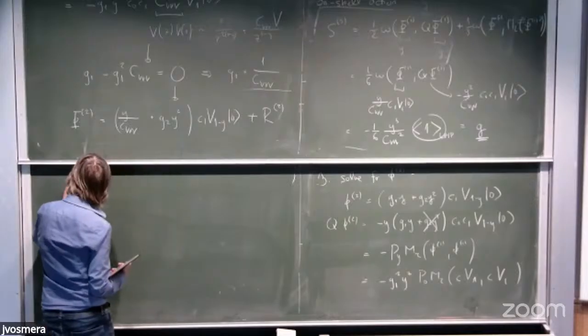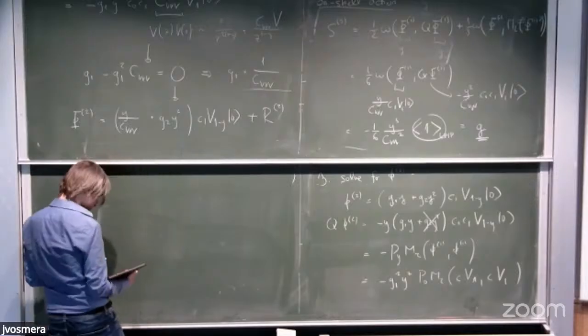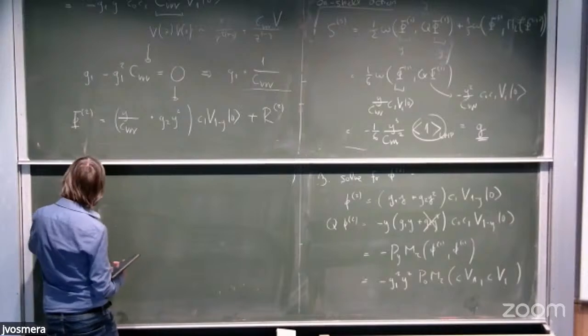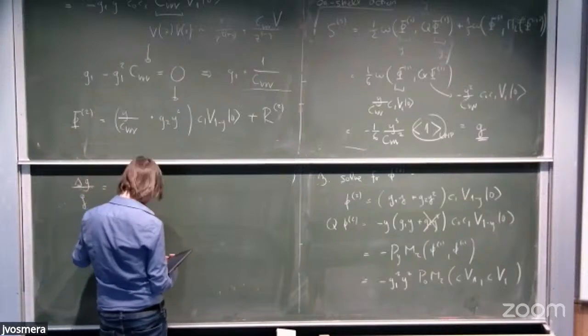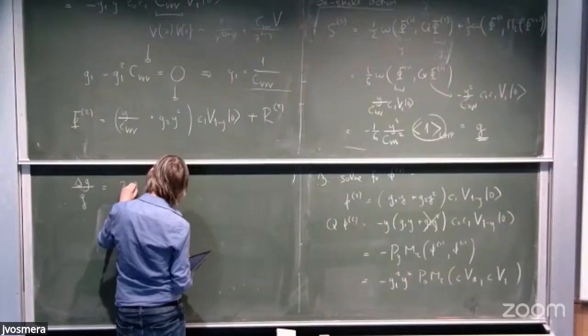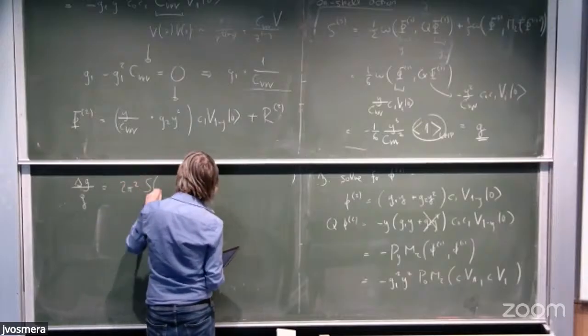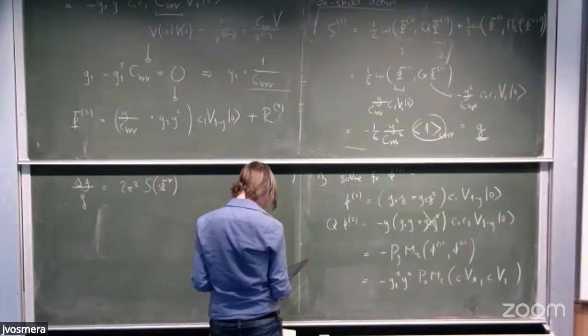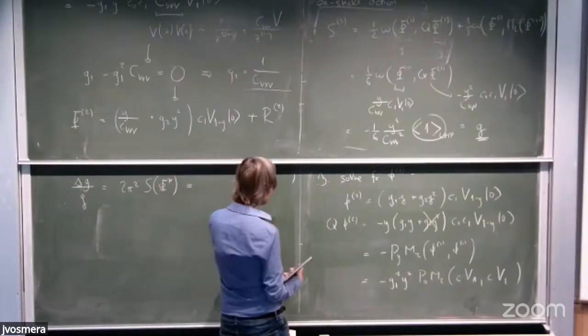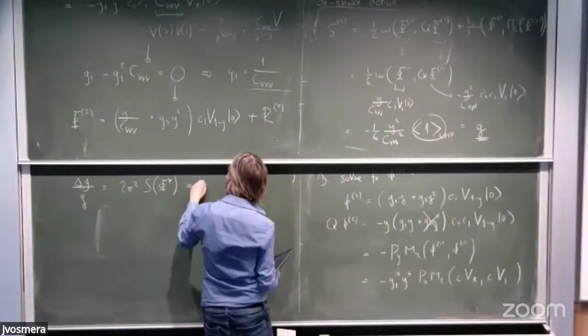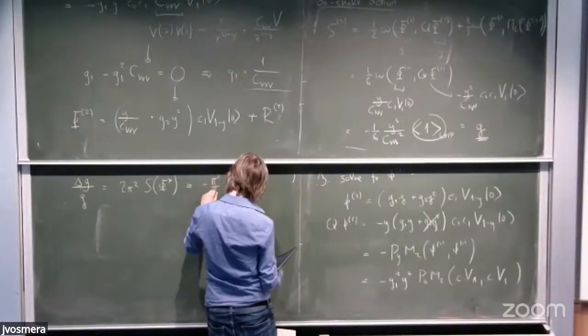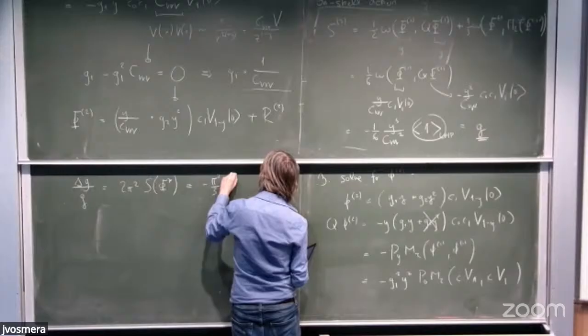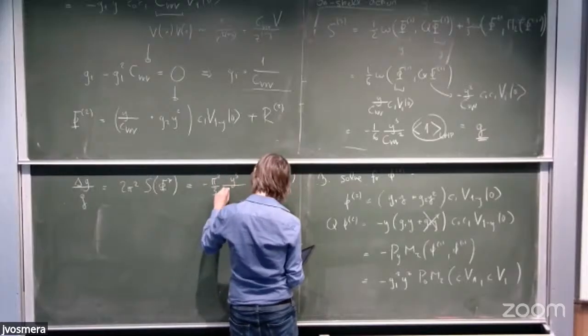So then the precise form of the Sen conjecture is that delta g over g should be equal to 2 pi squared times the on-shell value of the action. So then substituting that result, you will get minus pi squared over 3 y cubed over CVD squared.